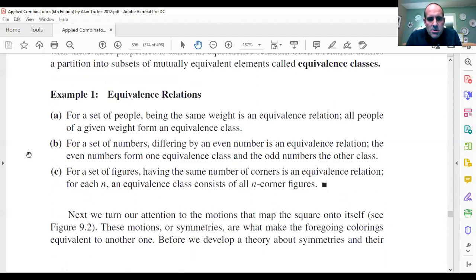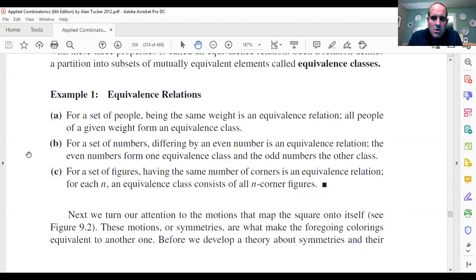Okay, for a set of numbers, differing by an even number is an equivalence relation. So if two numbers differ by an even number, then both the numbers are either even or both the numbers are odd.